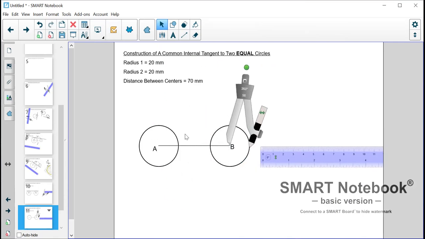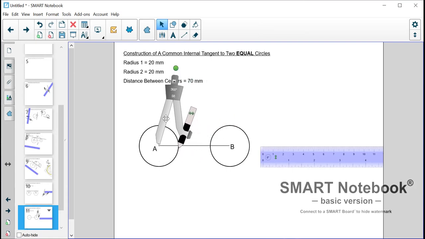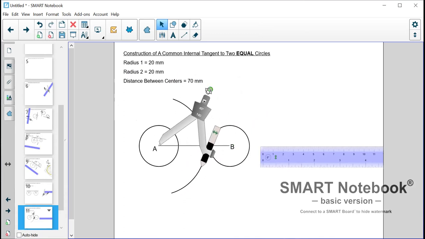Now the next step will be to bisect the distance between the centers. So that AB line, we want to bisect because we want to find the center of that line. In bisecting, you place the point of the compass at one end and you open to more than half and you scribe two arcs, one at the top, one at the bottom.